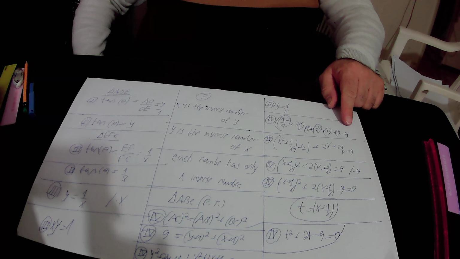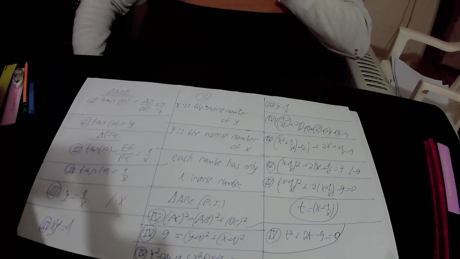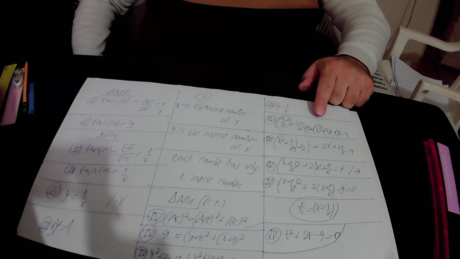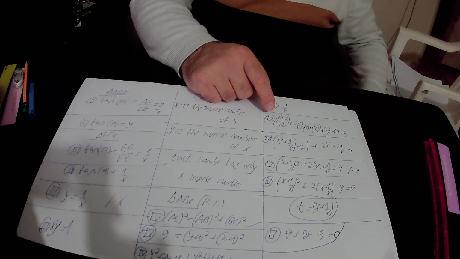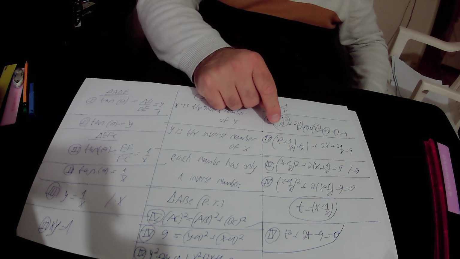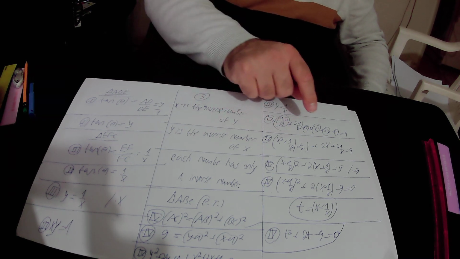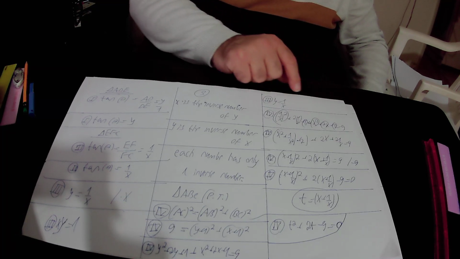So then I organized equation number 4 in a different order, and we got that X square plus 1 over X square plus 2 plus 2X plus 2 times 1 over X equals 9.